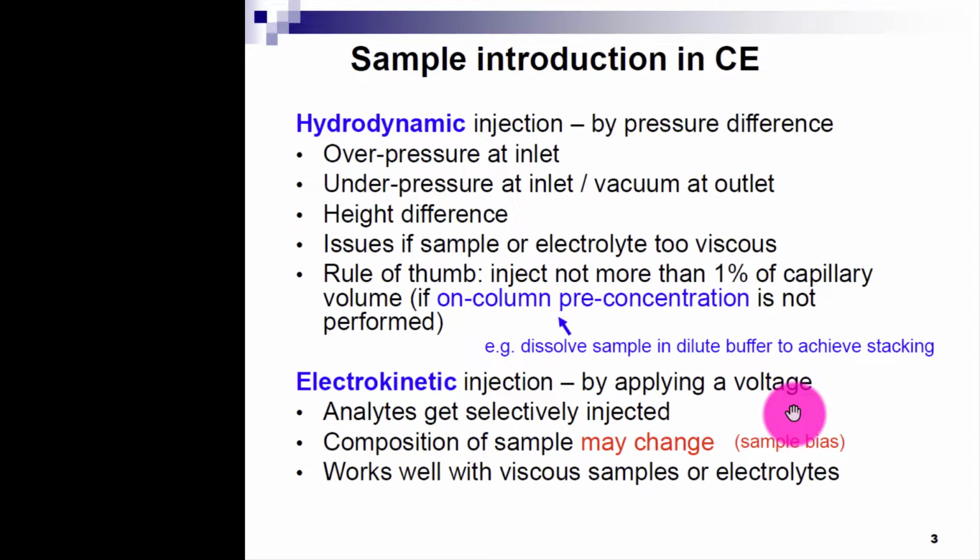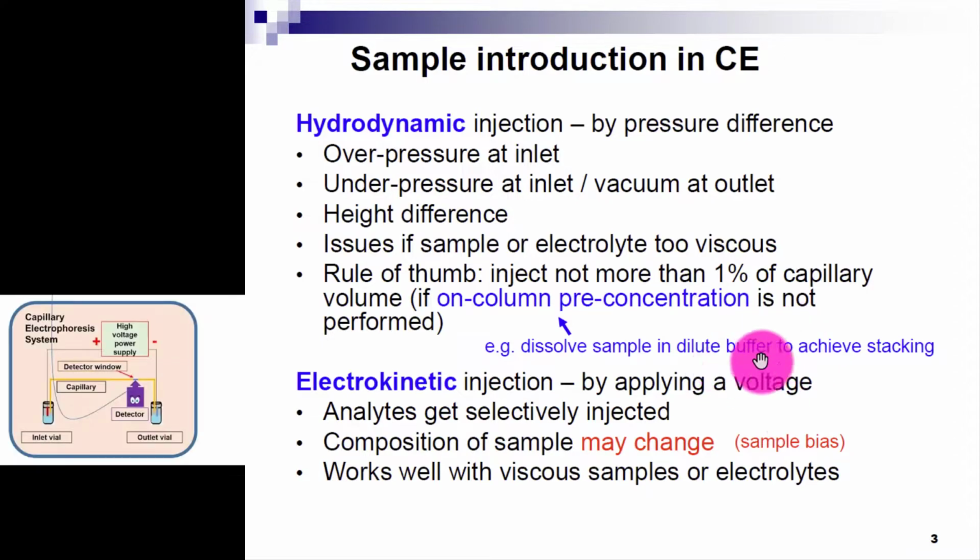The most common sample injection methods are the electrokinetic injection and the pressure injection. With electrokinetic injection, one end of the capillary and its electrode are removed from the buffer compartment and placed in a small cup containing the sample.